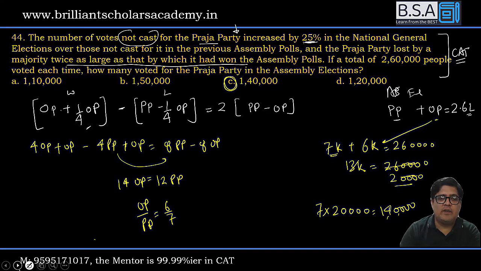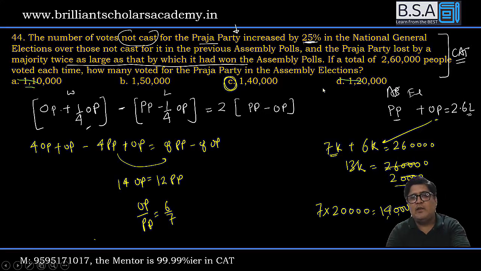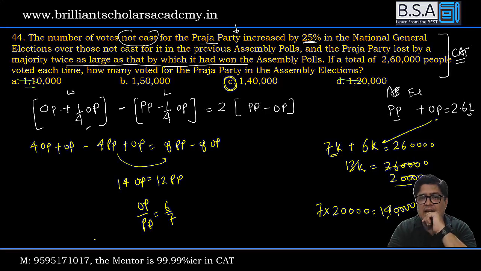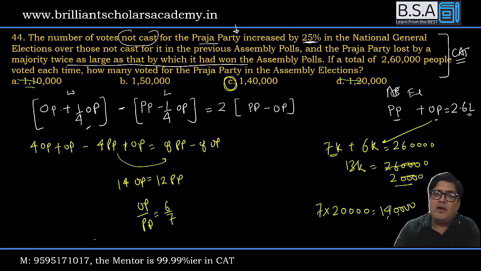I'll change the color of the pen to help you understand. Let us stick with the green color. This number is below half. This number is below half. So in these two cases, option A and D, Praja Party would not have won the assembly elections. Eliminated. They are gone.